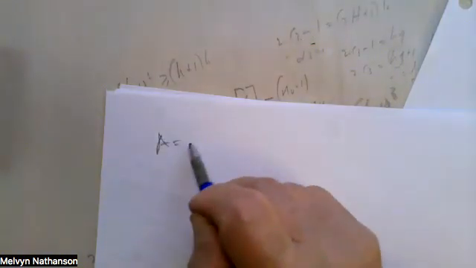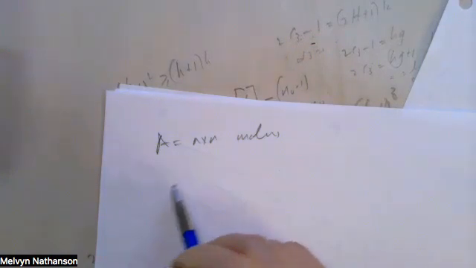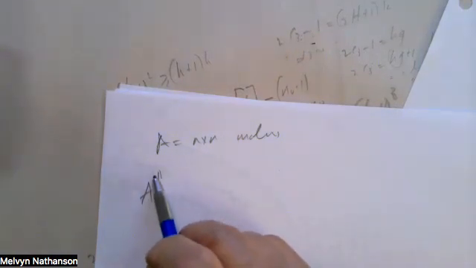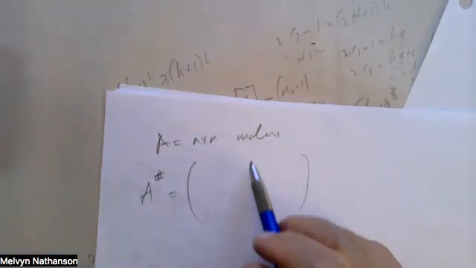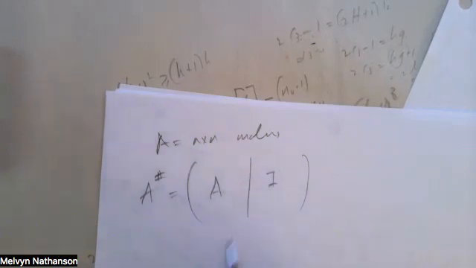Suppose A is an n by n matrix. And I write the matrix, let me call it A sharp, which is A on the left and the n by n identity on the right. Now I want to put this matrix in reduced row echelon form. I do that by performing a sequence of elementary operations.